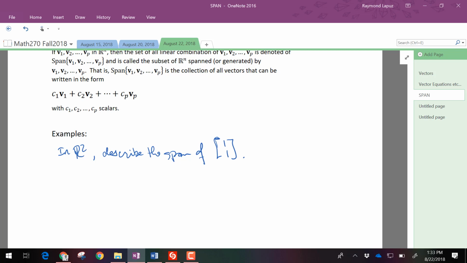So it's like C, where C is just a real number. Could be 0, sure. Could be 1, could be 5, could be 7, could be -3, right? Could be anything.